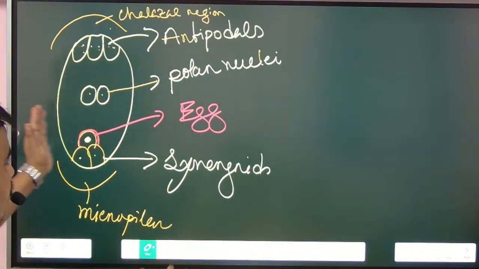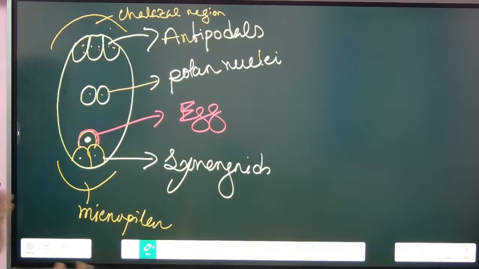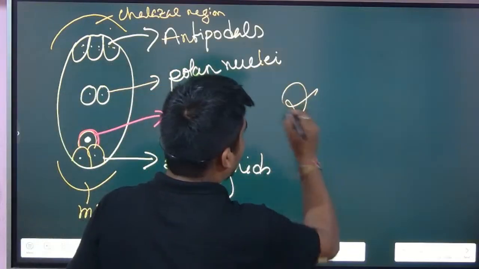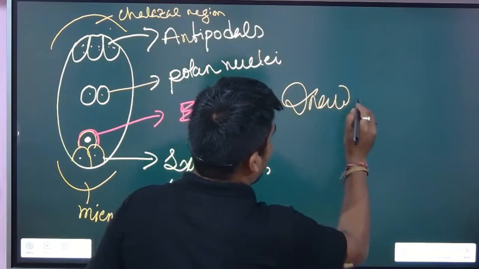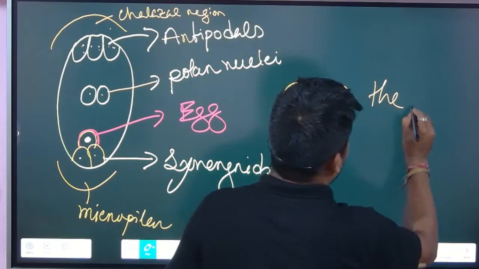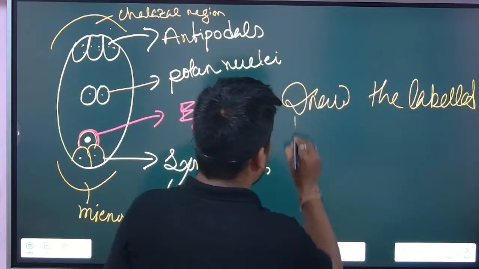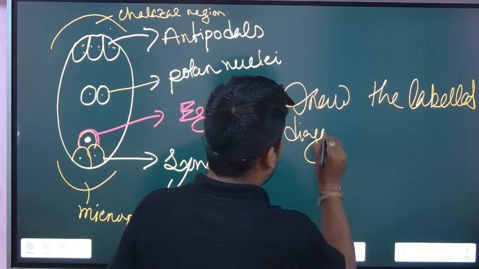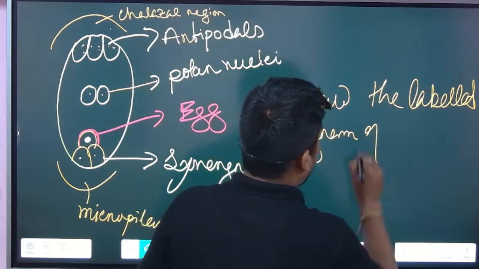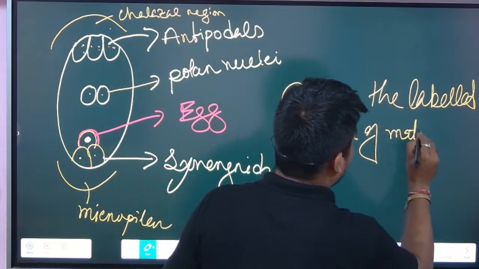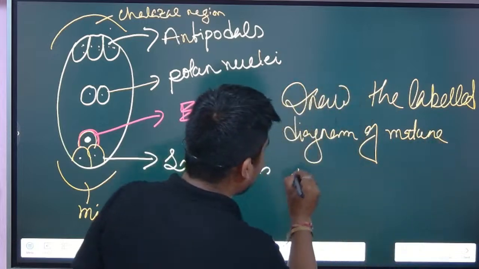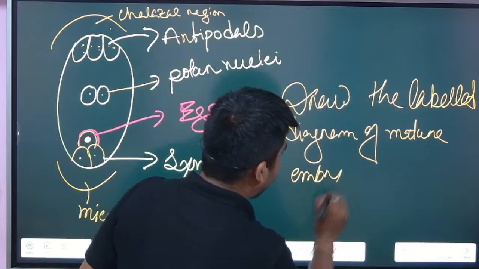So in the exam, a question can be asked like: draw a labeled diagram of a mature embryo sac.